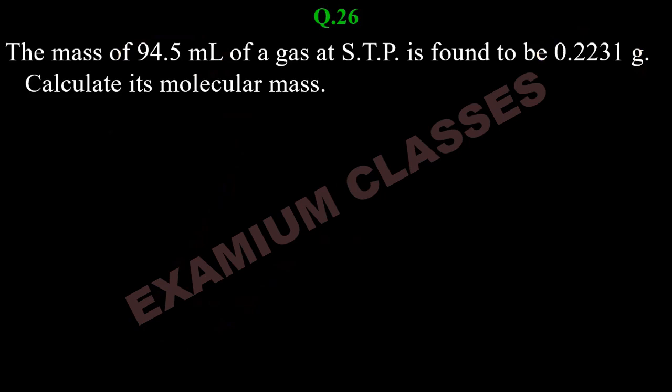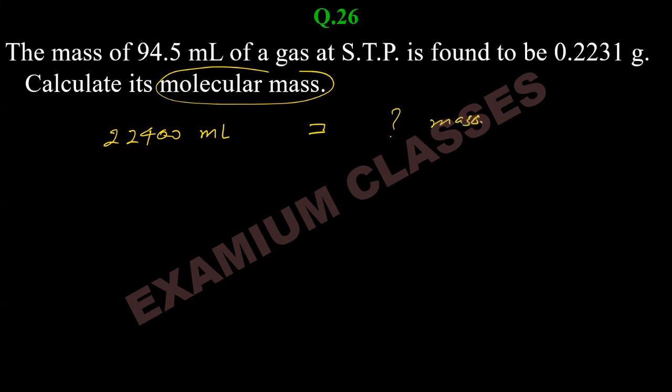Apply this. 22.4 liters or 22,400 milliliters are equal to molar mass in grams. So you need to calculate how much mass will be there in 22,400 milliliters. That will be equal to molar mass. Tell me whether this point is clear or not. Sir, it's clear.